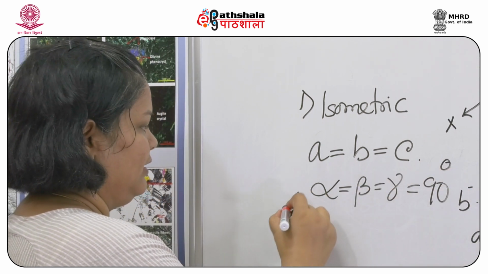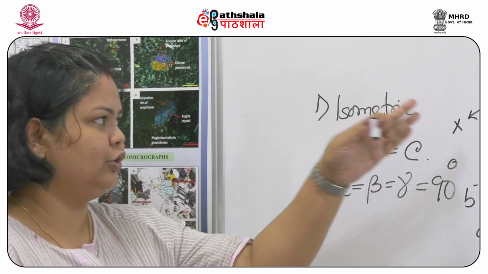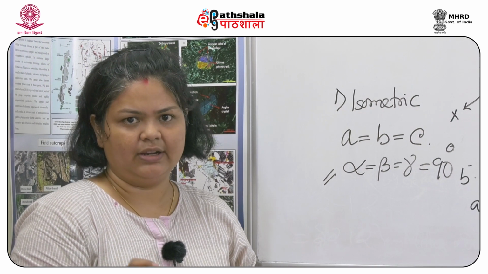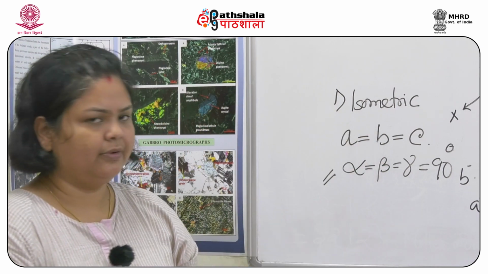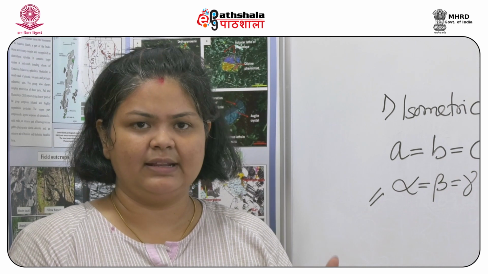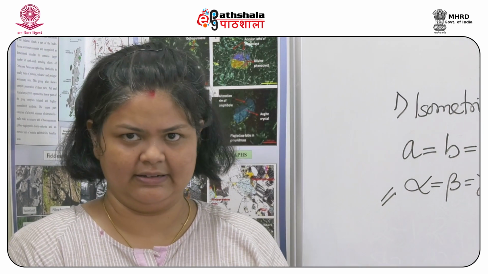So, this is one set of crystallographic parameters which can be used to define the geometric shape of a crystal occurring in various crystal systems. Likewise, we have the tetragonal system wherein A equal to B and is not equal to C, and alpha, beta, gamma is 90 degrees.